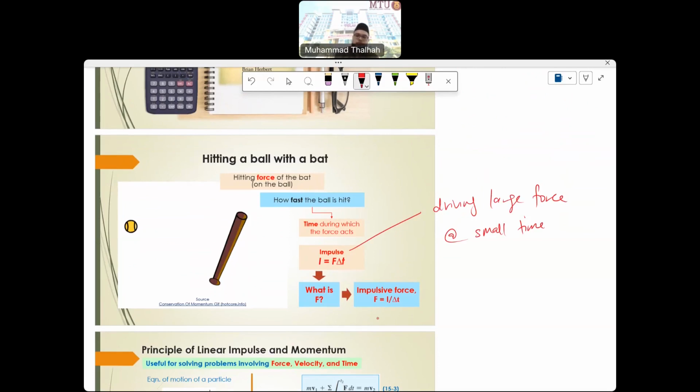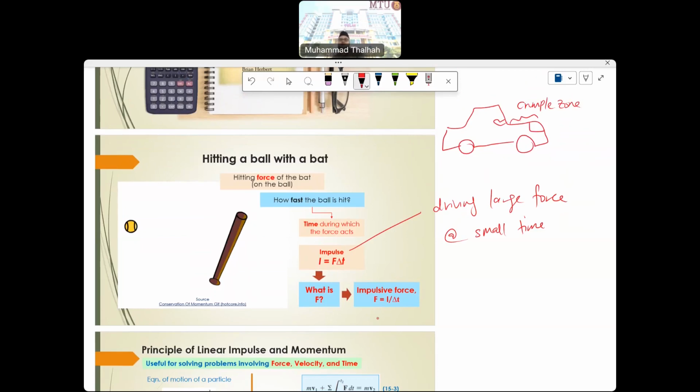Impulse is something that we apply, for example, in the crumple zone. You know crumple zone? You have a car, right? Please forgive me for the poorly drawn car, but this is the front of the car. So this is the crumple zone. Why is it a crumple zone?